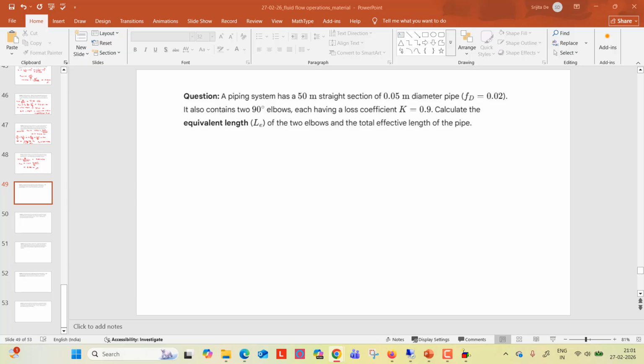So from the minor loss expression, you remember the equivalent length is K into D by FD. K is 0.9, D is 0.05 and FD is 0.02. So it is coming as 2.25 meter, right?